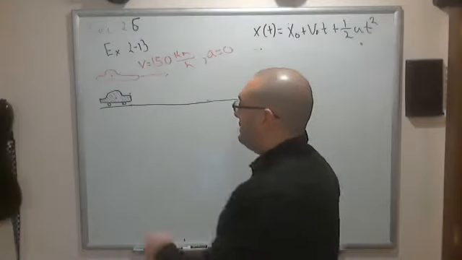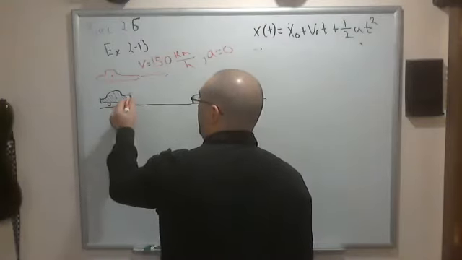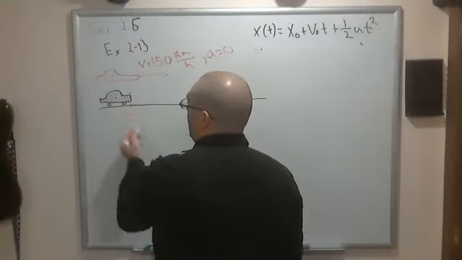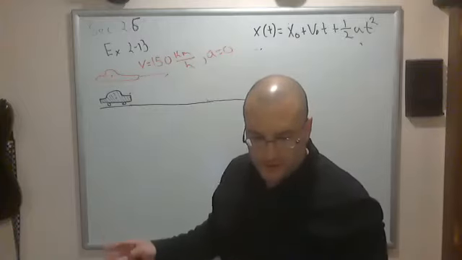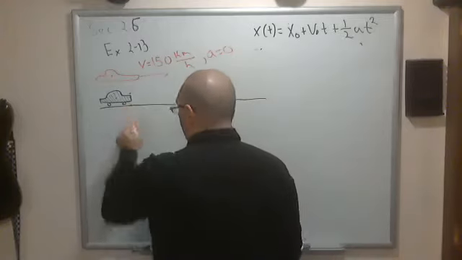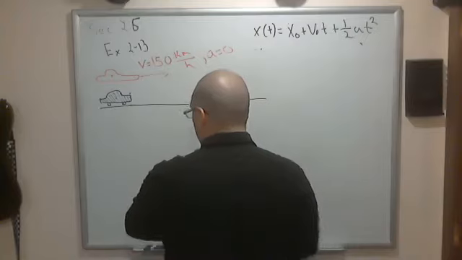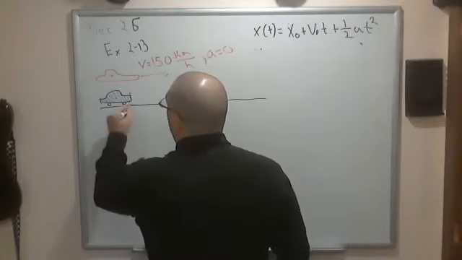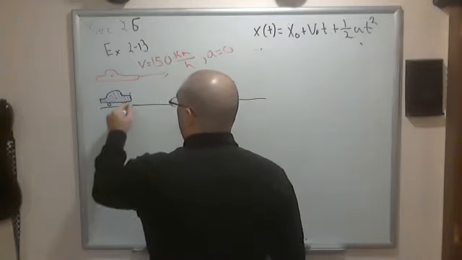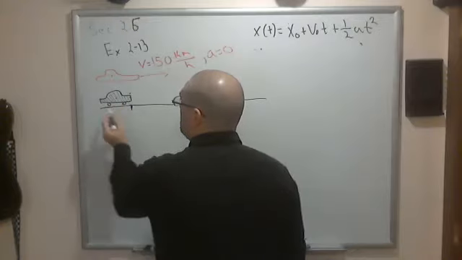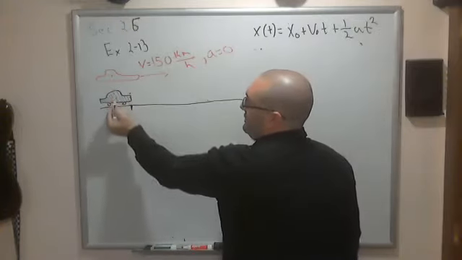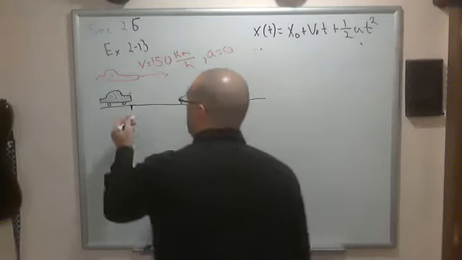What we call time 0 is when the cop car starts to move. We'll call that position 0 as well in terms of distance. So the problem starts when these 2 points overlap.